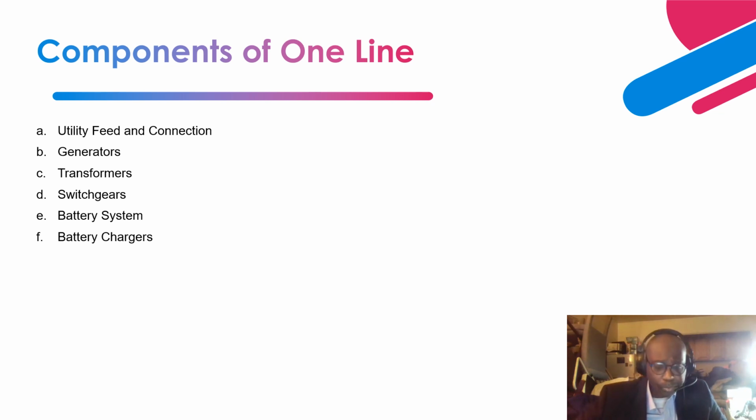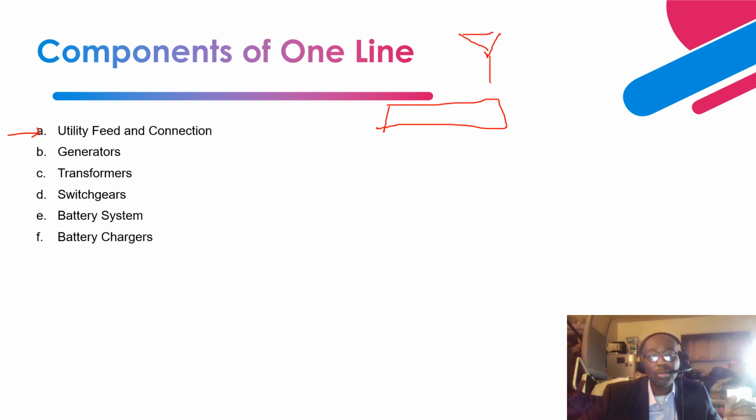Okay, so the first thing I need to talk about as part of the components of a one-line diagram is the utility feed section, right? It has a switch yard that has many equipments, and the switch yard connection or substation connection is represented by this symbol, if you are utilizing modeling software.